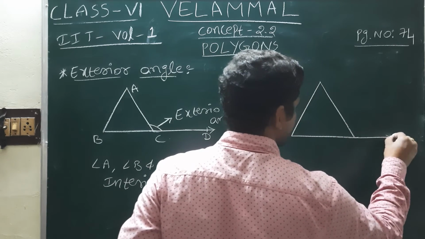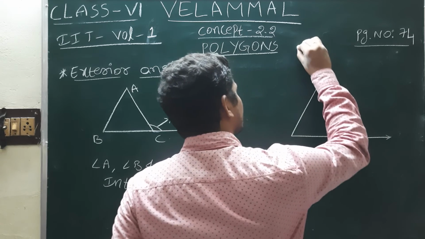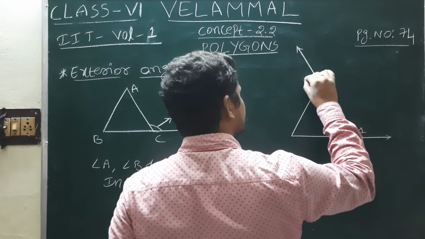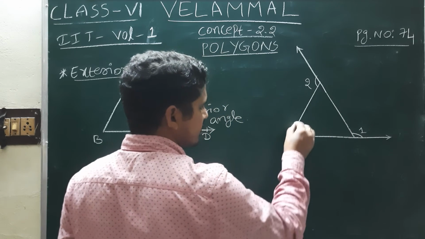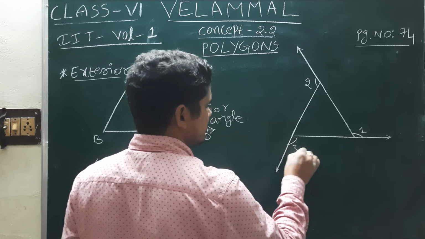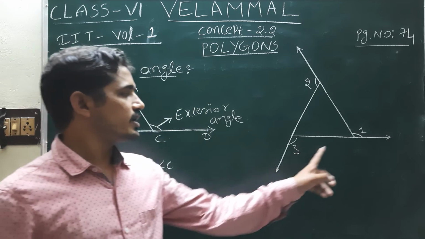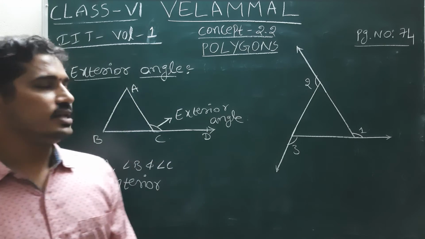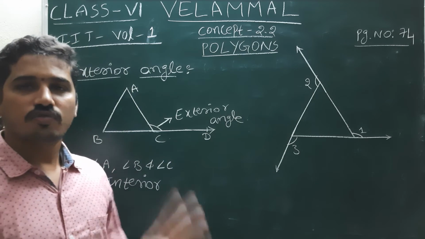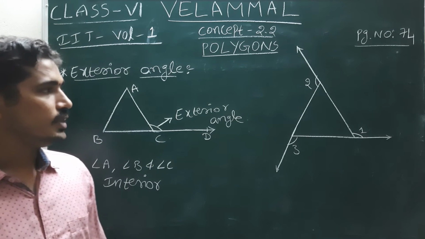This one we can say is one exterior angle, and if we extend this, we will get this as an exterior angle, and if we extend this, then we will get this as the exterior angle. So a triangle will have three exterior angles and three interior angles. A quadrilateral will have four exterior angles and four interior angles.